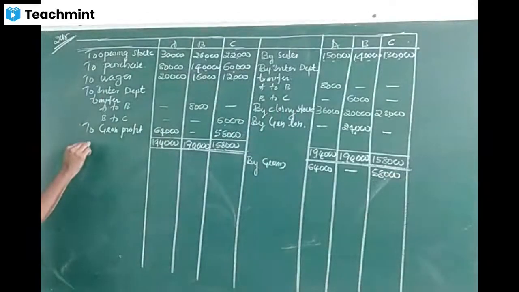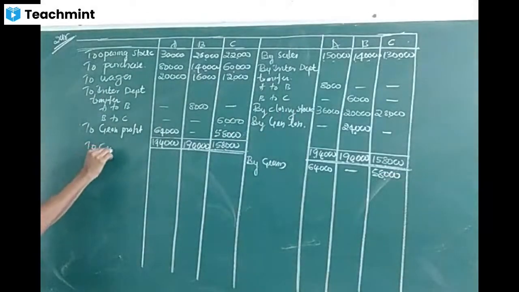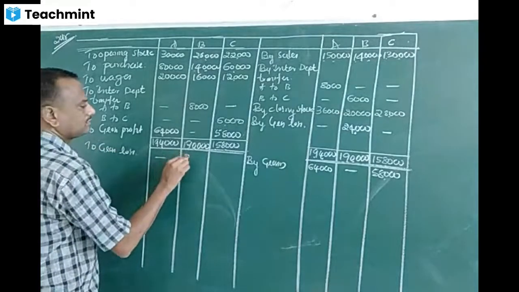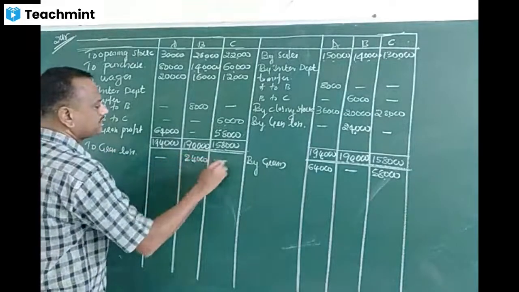Vice versa, to gross loss we have B only, 24,000.